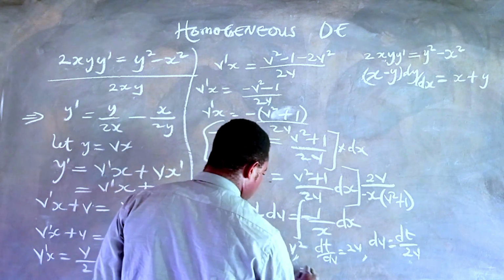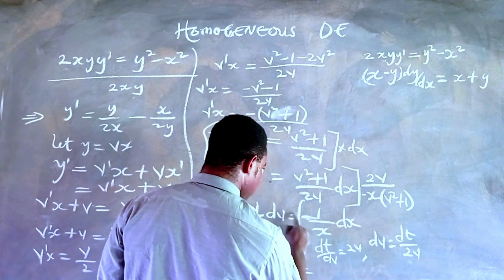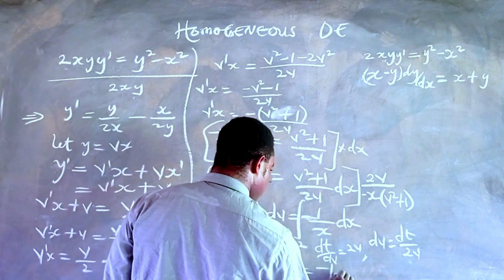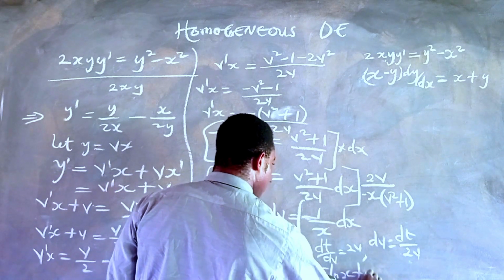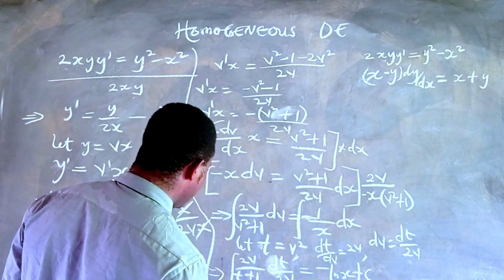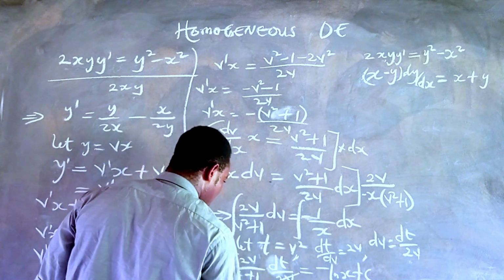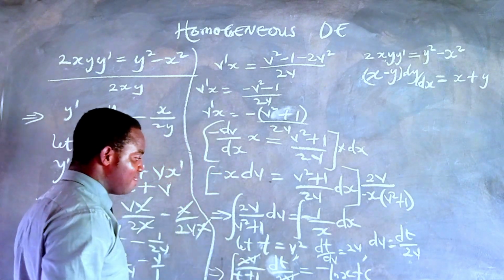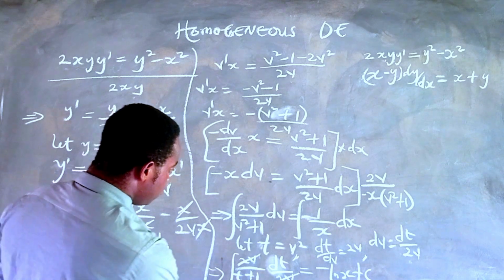This is equal to, let's extract the constant there, which is negative 1, and the integral of 1 all over x is ln of x, plus c, the constant of integration. Look here, the 2v cancels the 2v that we have up there.